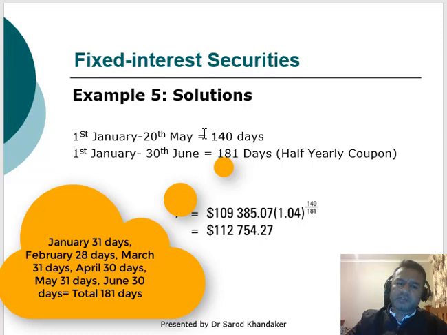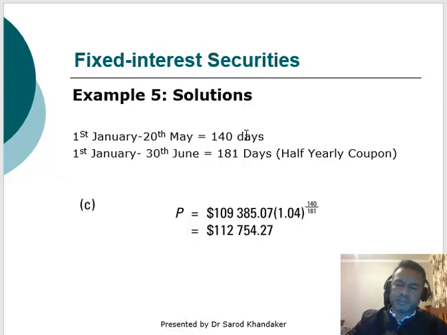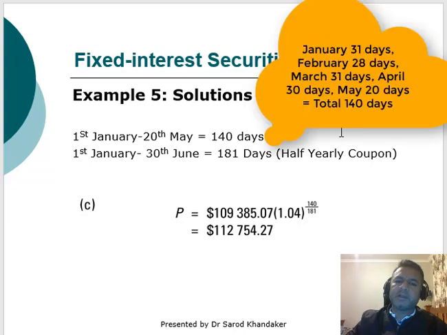And from 1st of January to 20th of May is 140 days. How do you calculate that? It is very simple. You add the number of days in January, February, March, April, and in the month of May you take 20 days. If you add all this, it's 140 days.